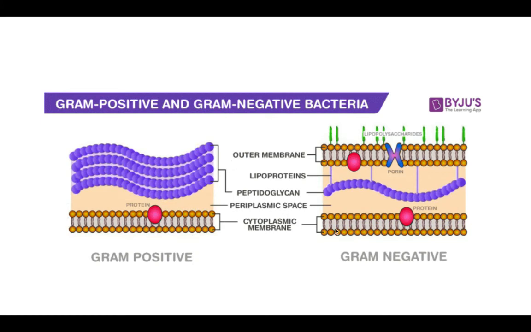So a gram-negative bacteria kind of has two membranes, okay? Has an inner membrane, cytoplasmic membrane, and an outer membrane. Whereas a gram-positive bacteria will have one membrane, and then it will have a large layer of fat, okay? This is kind of like the capsule. In gram-positive, it's just a very thick layer, okay? Whereas gram-negative, a thin layer, okay?